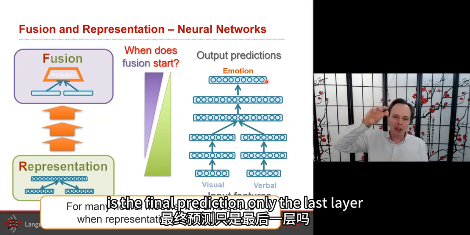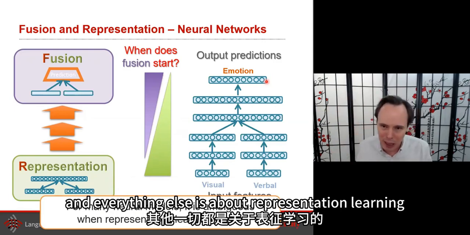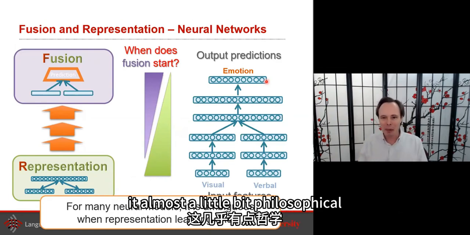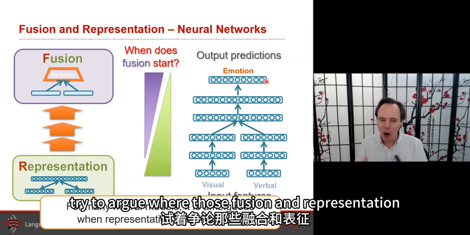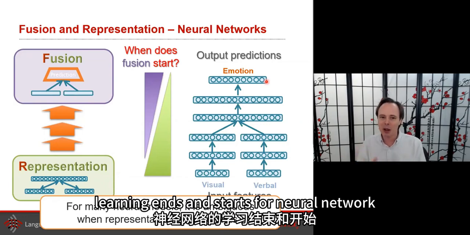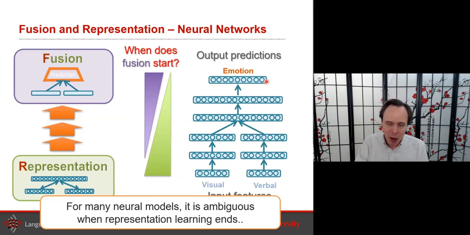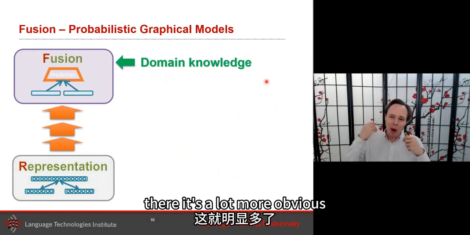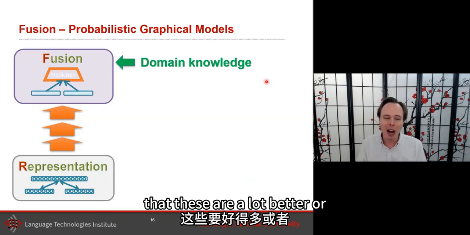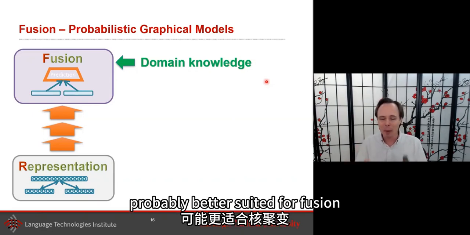Is the final prediction only the last layer and everything else is representation learning? It's almost a little bit philosophical. So I will not try in this class to argue where fusion and representation learning end and start for neural networks. But for some other models, like probabilistic graphical models, it's a lot more obvious that they are better suited for fusion.